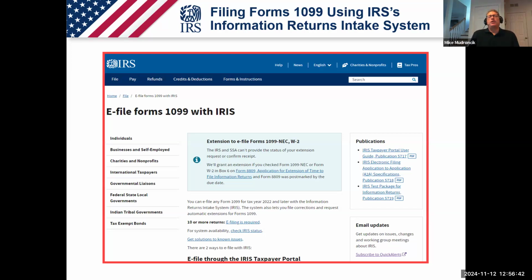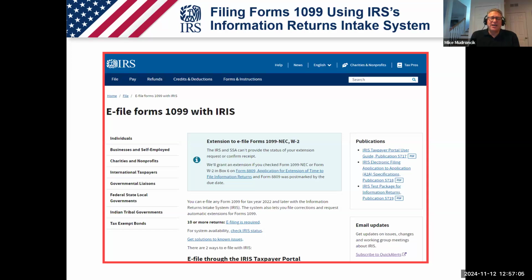For example, if I have money invested at Vanguard and I've earned dividends during the year, Vanguard is going to submit to me a Form 1099-DIV identifying the dividends that I earned during the year.